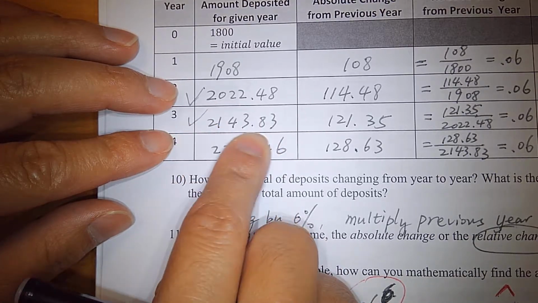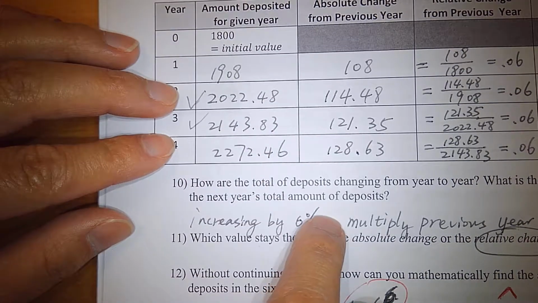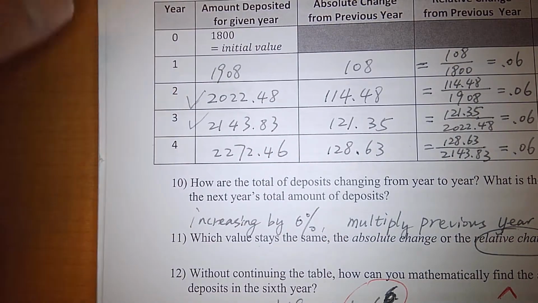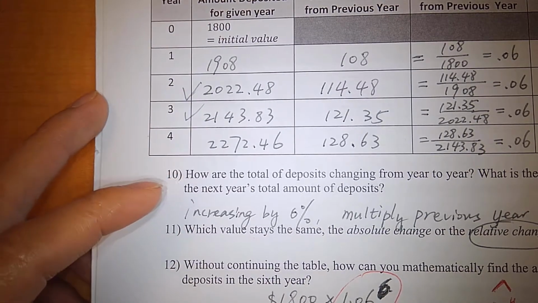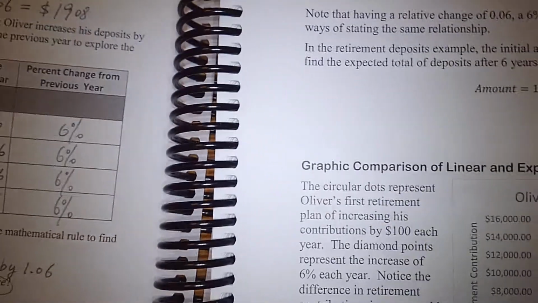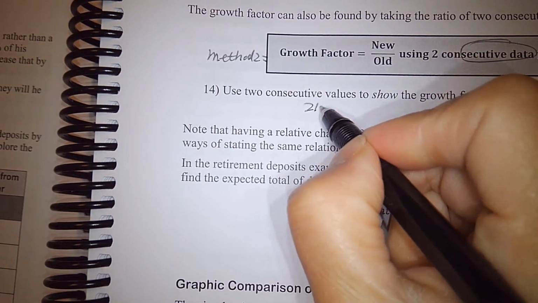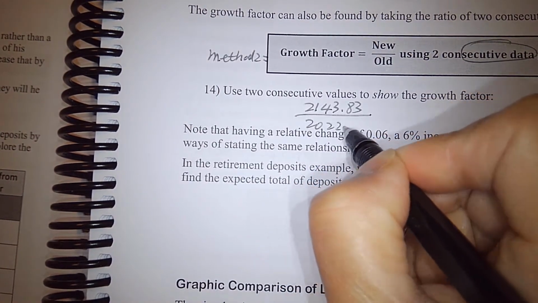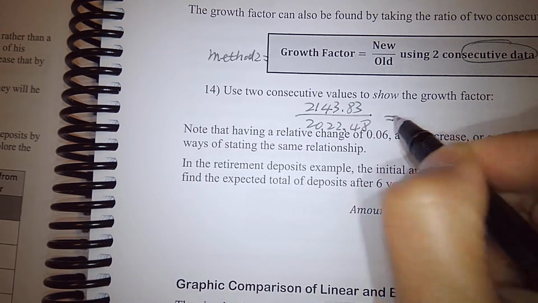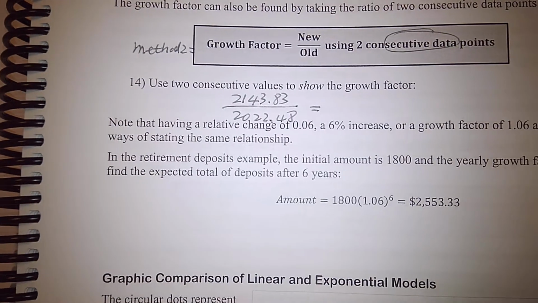So use the new value, divide by the old value, and see whether you get 1.06 or not. I'm going to copy those 2 numbers here: 2143.83 divided by 2022.48. Use your calculator and see whether you get 1.06 or not.